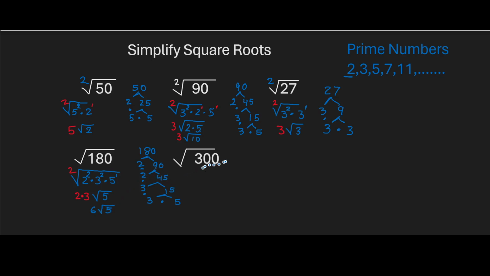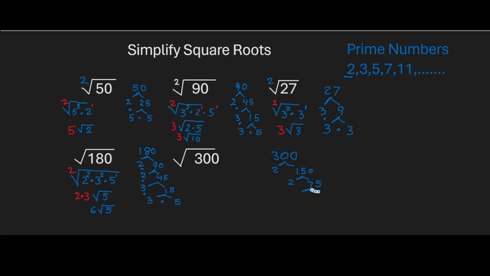Okay. Now let's do the last one. That would be 300. And if I divide by 2, I'm going to get 150. One more time, if I divide by 2, I'm going to get 75.